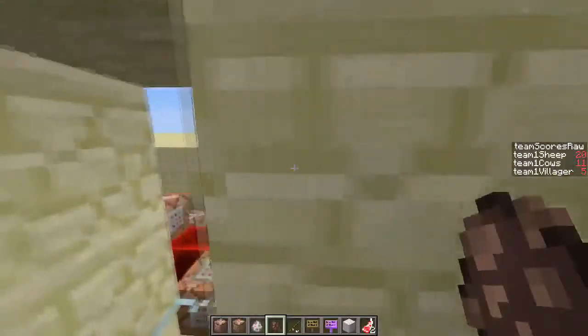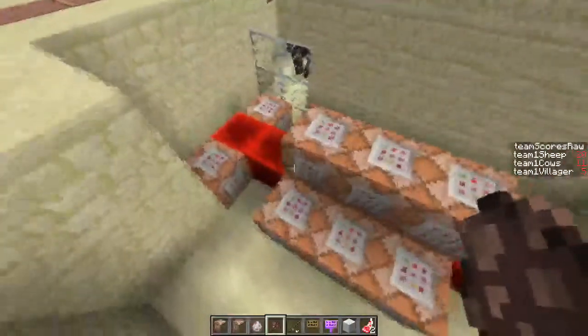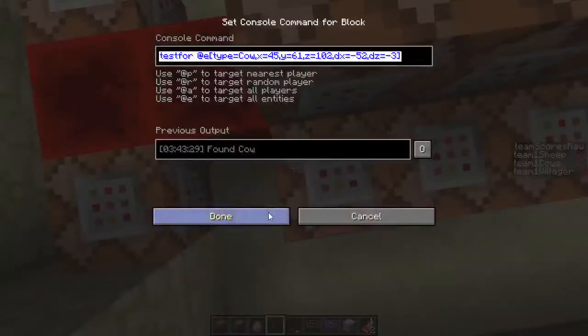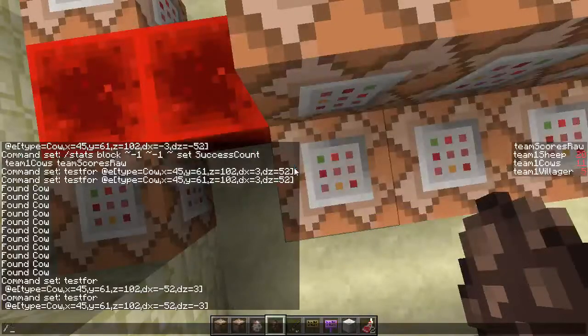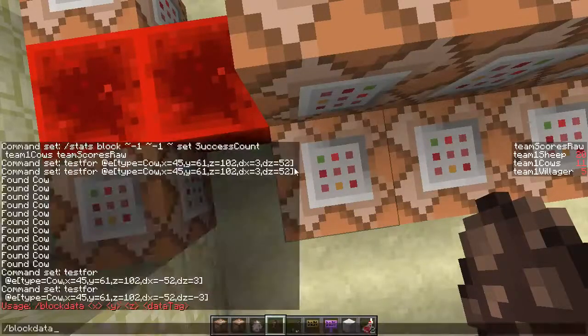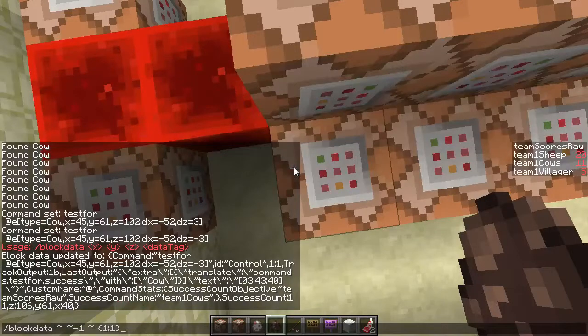Block data, your test 4 command, and nothing. What is that?